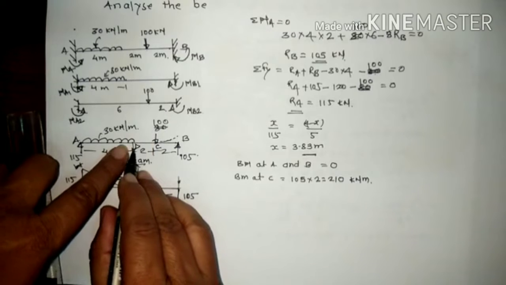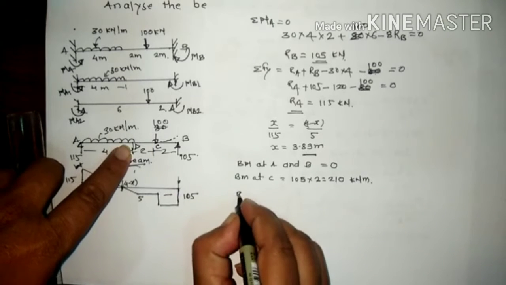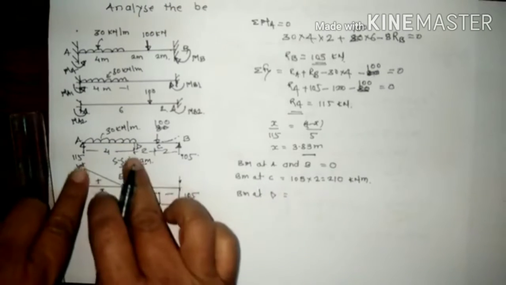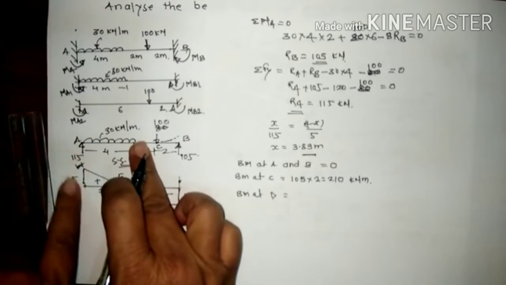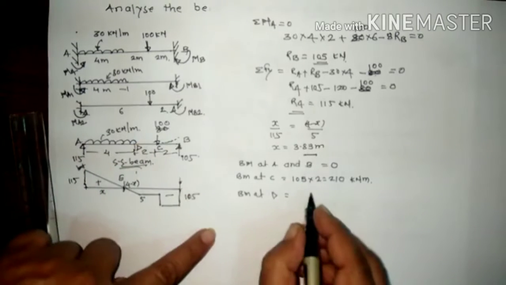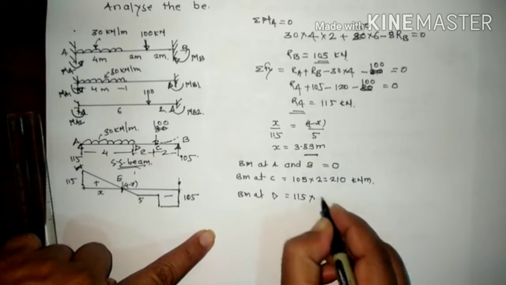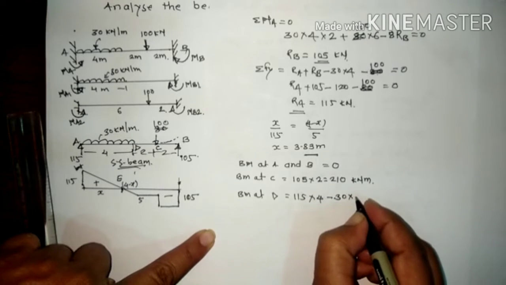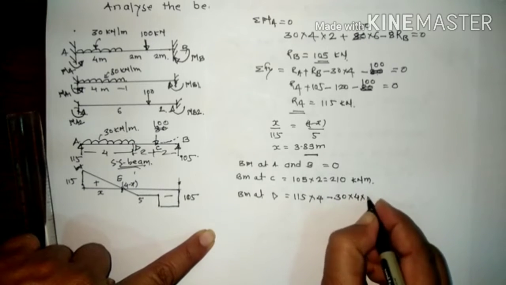Then bending moment at D. Here from the left side 115 creates the sagging bending moment. So 115 into 4 minus 30 into 4 into 2.